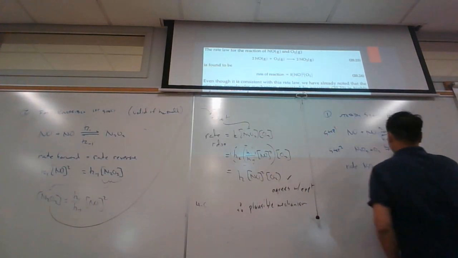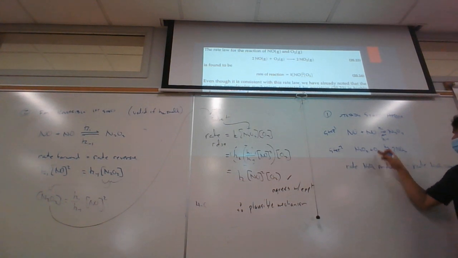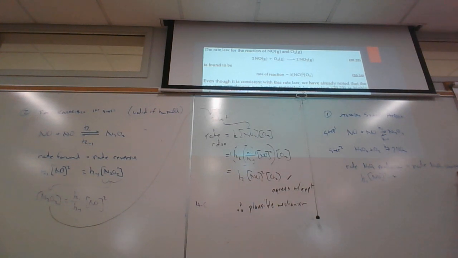In the steady state, we're going to have consumption due to K minus 1, the reverse, and K2. The N2O2 is only produced in one way. This one's not reversible, and so that's going to be K1 times the NO squared.